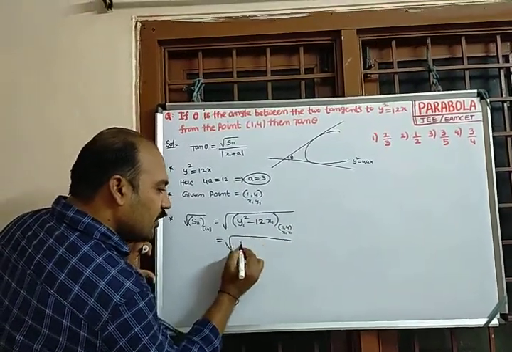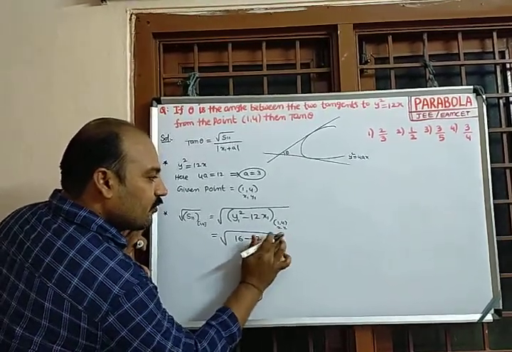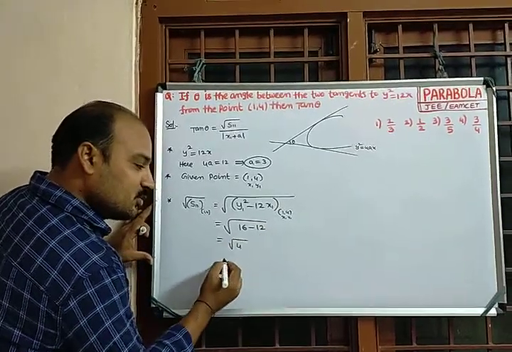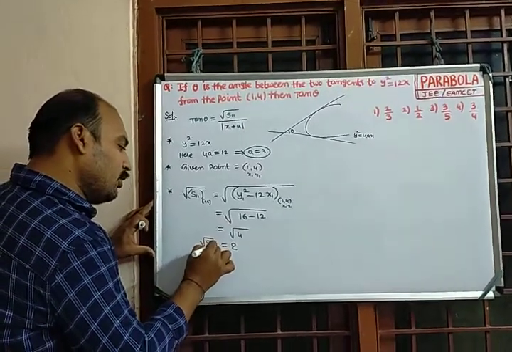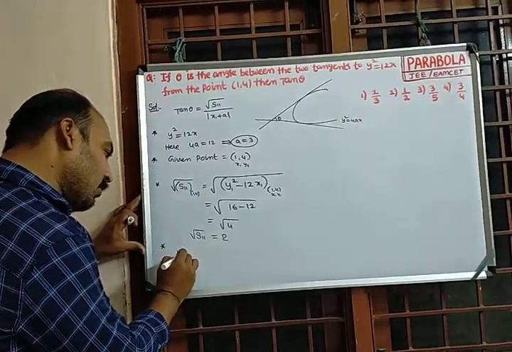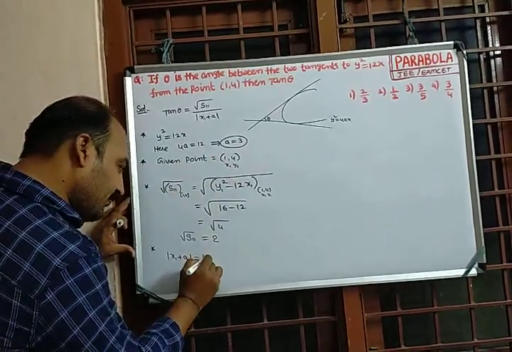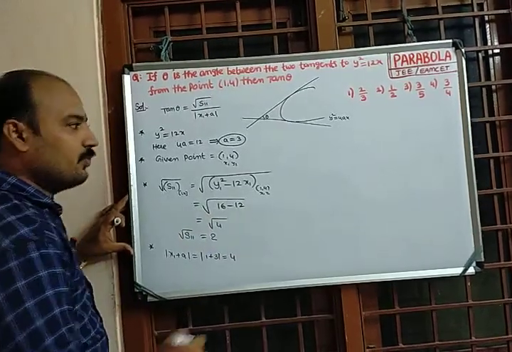Root of 4 square minus 12 into 1, which is root of 16 minus 12, root 4, equal to 2. Therefore, the root S11 value is 2. Next term, mod x1 plus a, which is mod of 1 plus 3, equal to mod 4, which is 4.